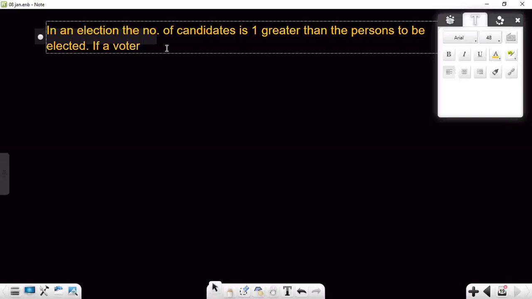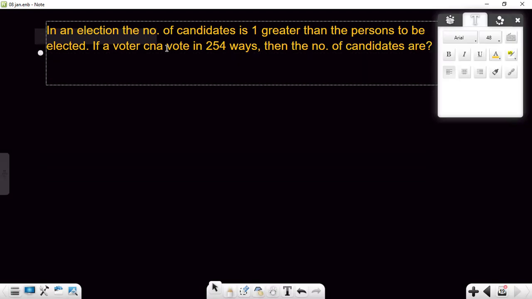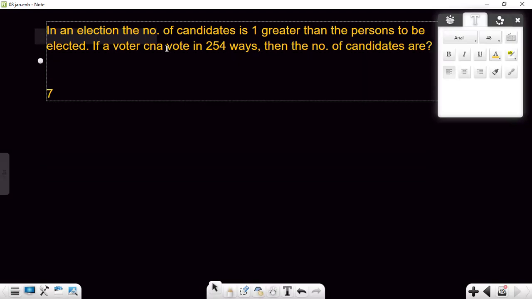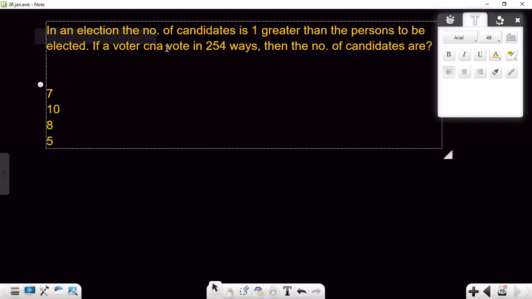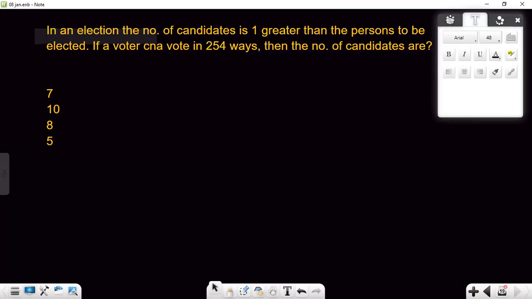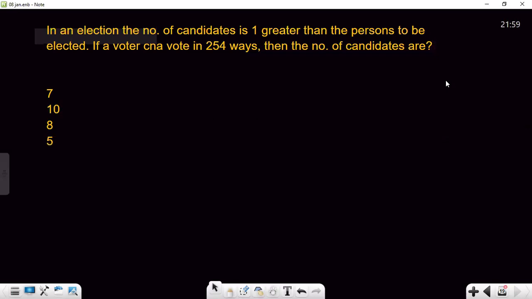If a voter can vote in 245 ways, then the number of candidates is, that is, you have to find out. Options are 7, 10, 8, or 5. So that is your homework question. Is there any doubt? No, sir.